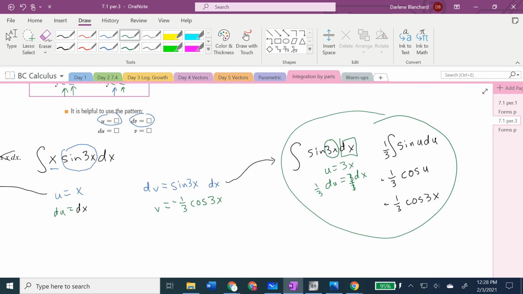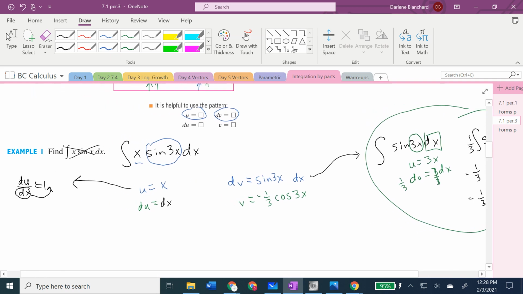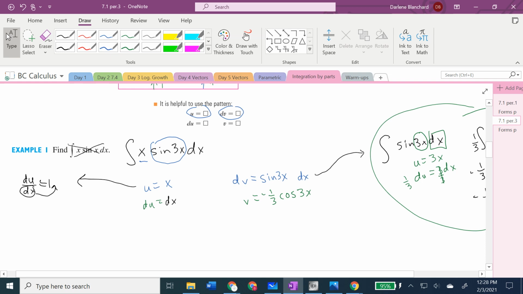Now, as far as the plus c, the good news is you're not going to worry about that until the very, very end of the problem because, and I have tested it out to see whether it was true or not, if you put plus c in right now, whatever work ends up being done, this is only going to be absorbed within the unknown constant that we're going to need in the end anyway.